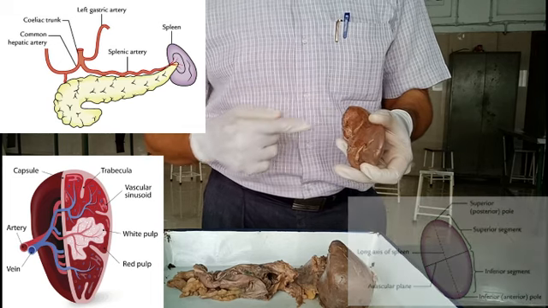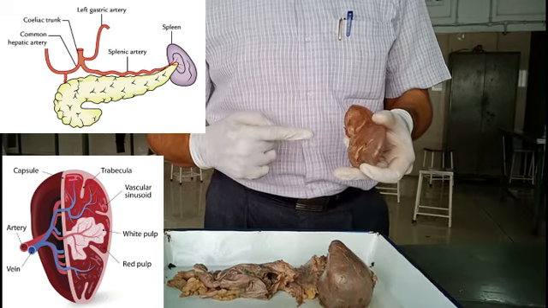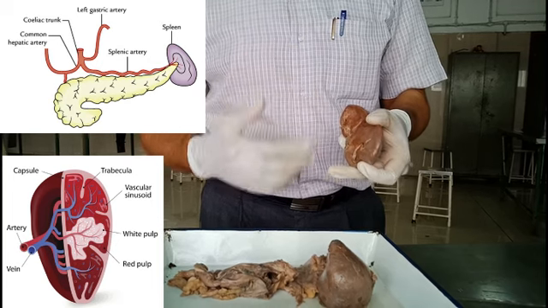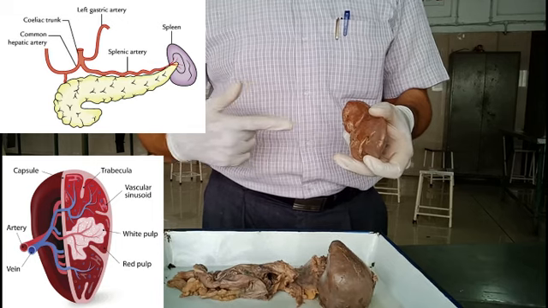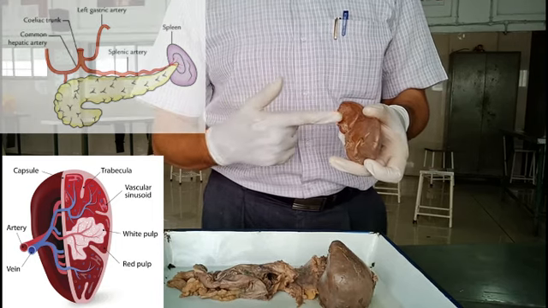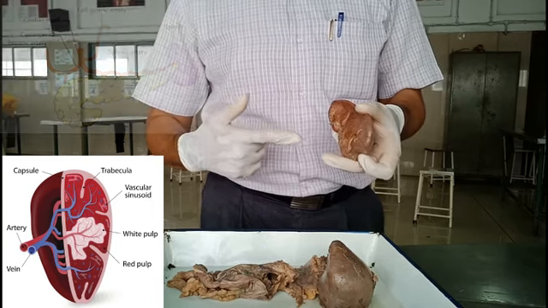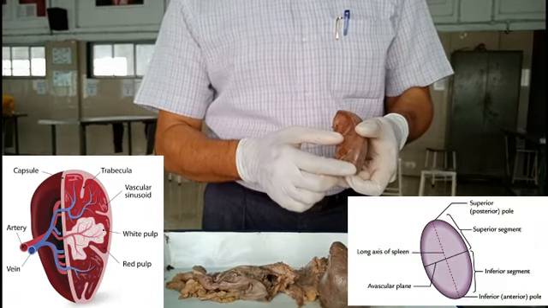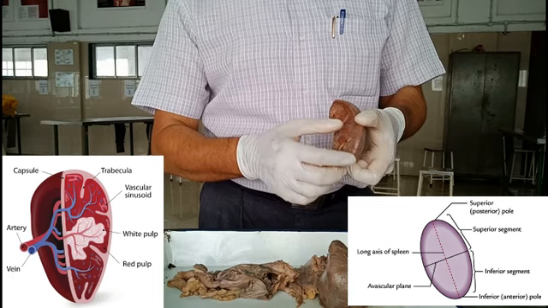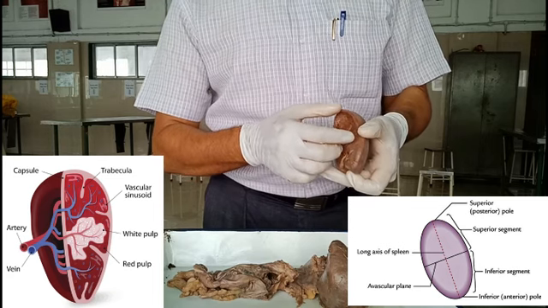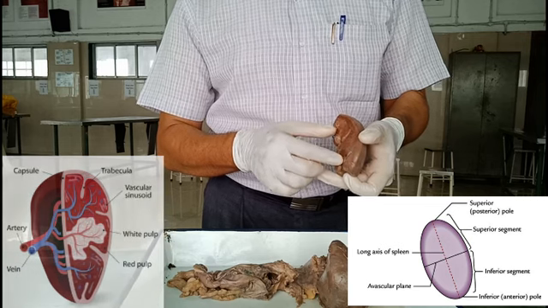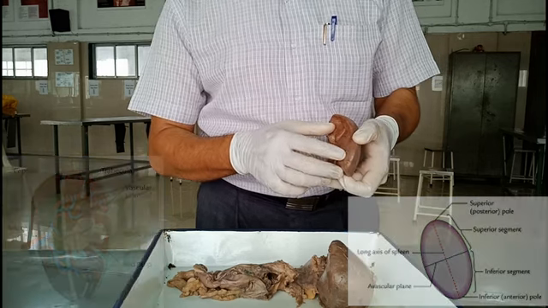The splenic artery is quite tortuous because distension of the stomach, movement of the spleen and movement of the diaphragm will not hamper the flow of the splenic artery. That's why the splenic artery is very tortuous. And the importance of the superior and inferior zones is that if at any time the spleen is injured, the surgeon can remove one part but the other part can work properly.